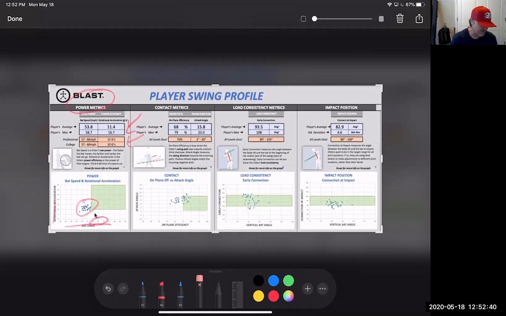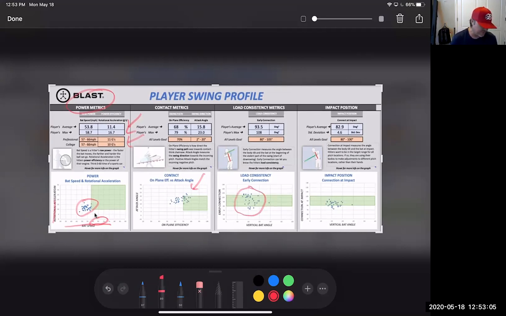Okay, moving on to the next one. This is your contact metrics. So this is your on-plane percentage. And again, everything on the top here is the same. At the bottom, again, what we're looking for is to try to get as many dots into the green box as possible. The other thing that we would like to see happen is the dots be grouped as tightly as possible. The more spread out the dots are, the less consistent the swing is.